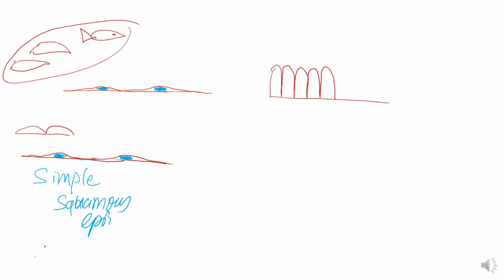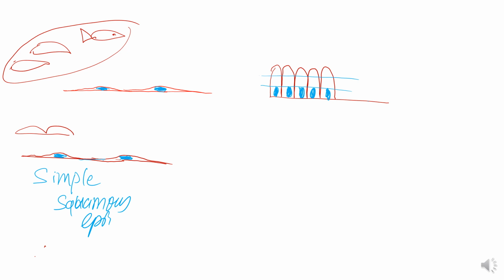And the nuclei lie in the lower part of the cells, the lower one third. If you divide the cell into three parts, the nuclei lie in the lower third like this. Oval nuclei are usually present in the lower third. This is how you will draw the simple columnar epithelium.